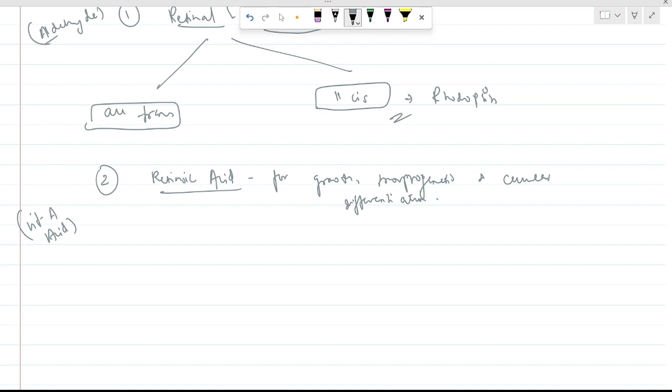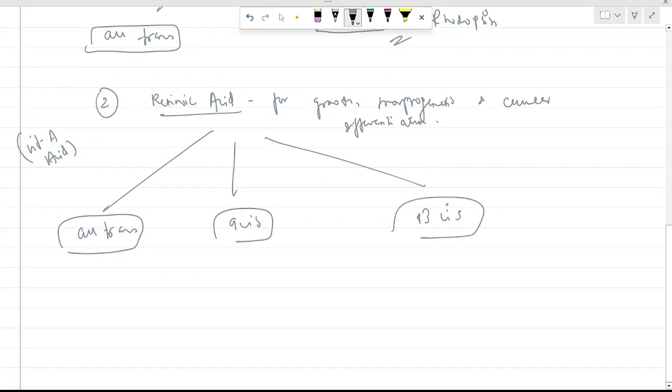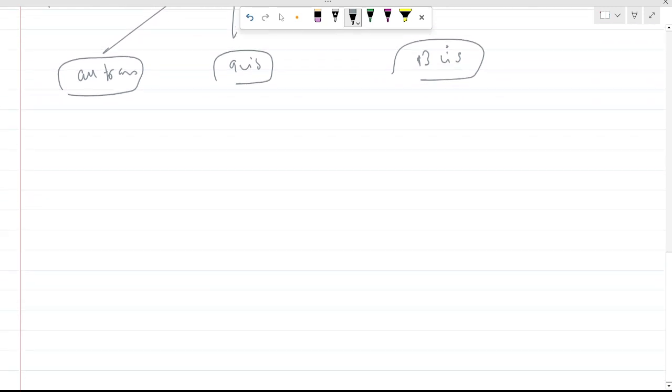Growth, morphogenesis, and cellular differentiation. Retinoic acid has three forms. Again, all trans, 9 cis, and 13 cis. All trans, 9 cis, and 13 cis. The three forms of retinoic acid are required for growth, morphogenesis, and cellular differentiation.